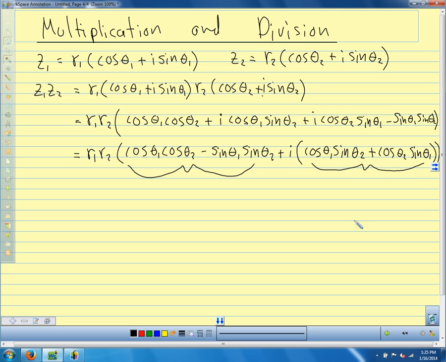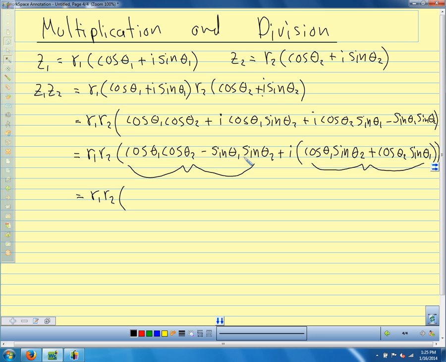And hopefully, those look somewhat familiar. Anybody recognize this? Not quite. You're on the right track though. This is the addition formula.